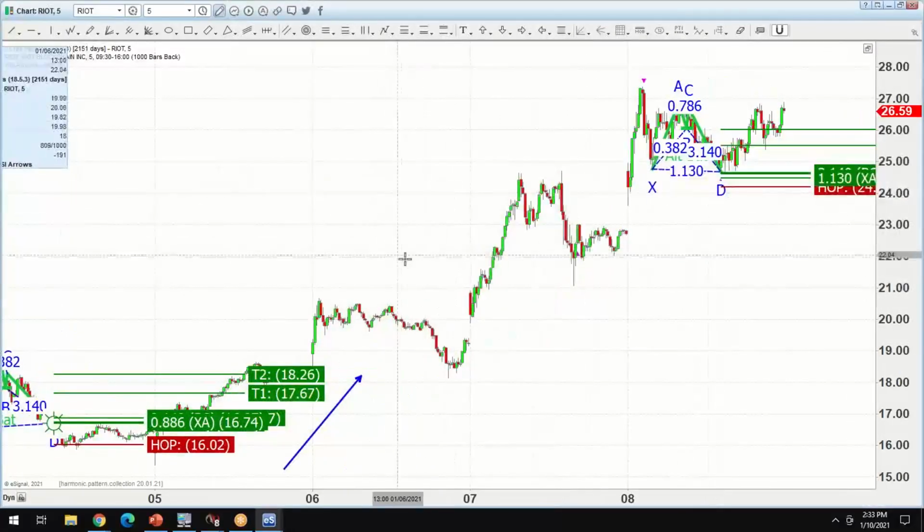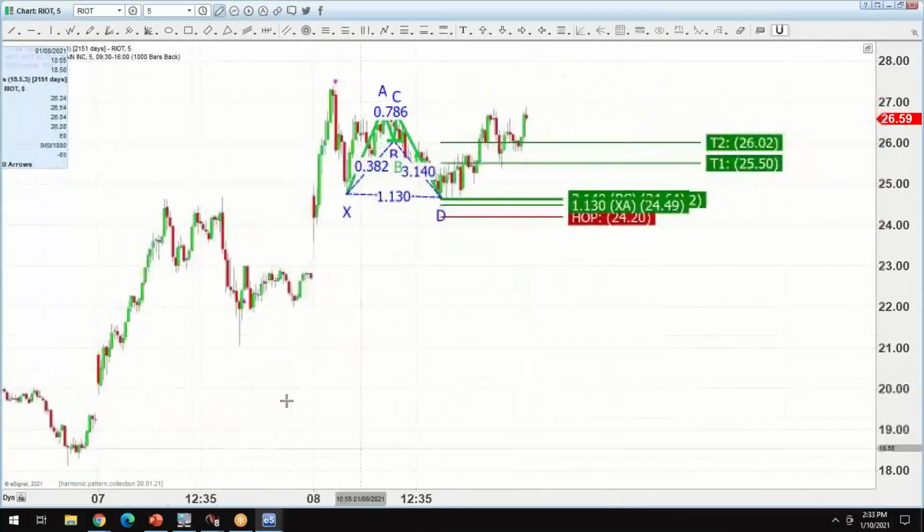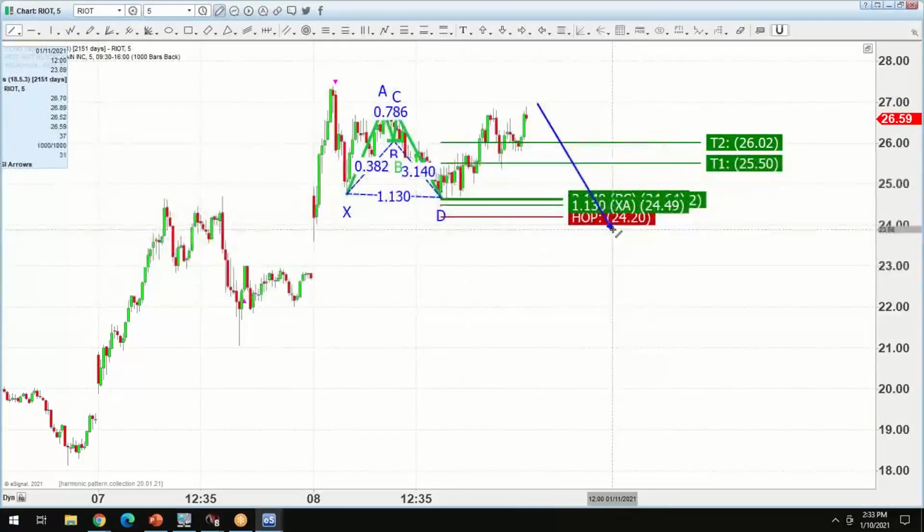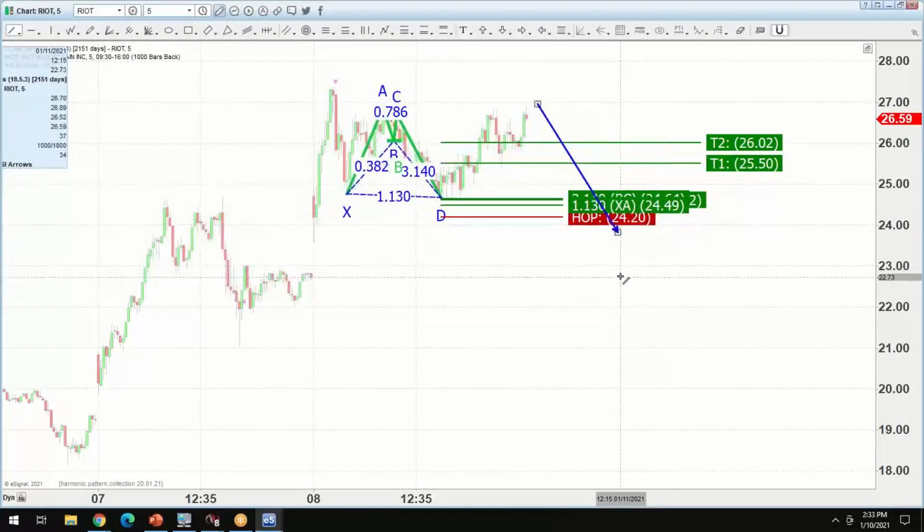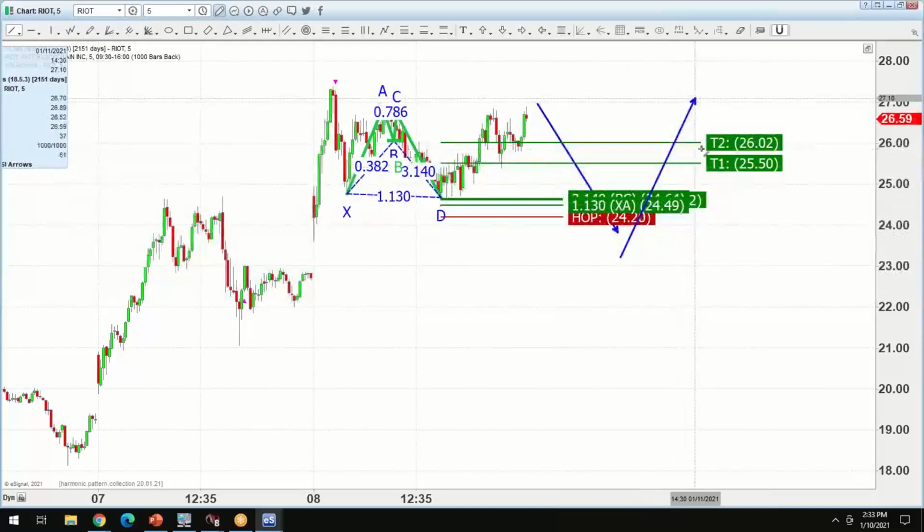But I'm still waiting for patterns. I mean, this Riot Blockchain is a great one too, because I hit that on some options and closed out. I'll look for the retest. Maybe this comes Monday, tomorrow, and look at 24 for this thing to go, because it's a type 2. That's what we do. Type 1, type 2.